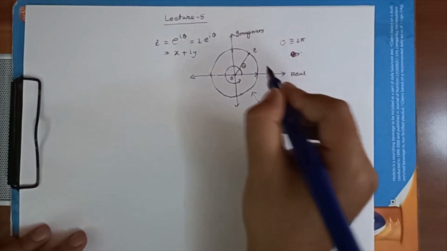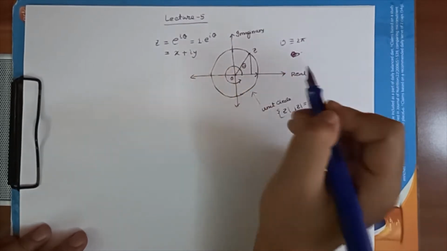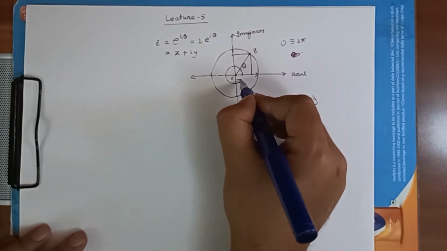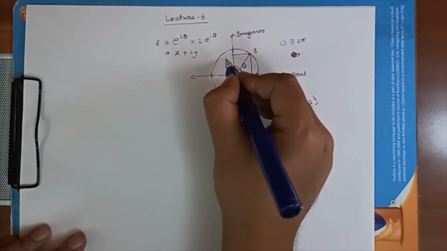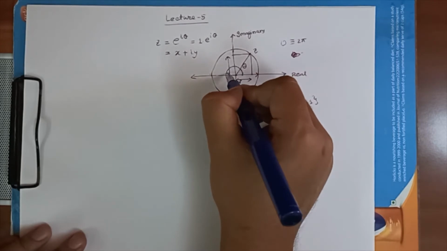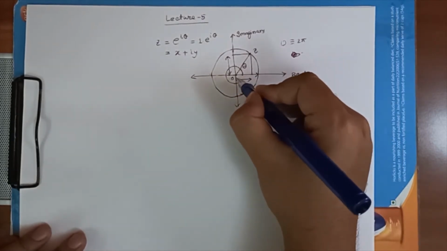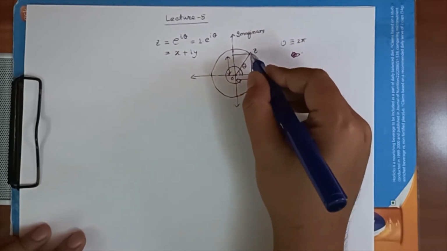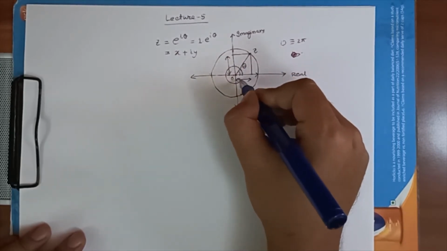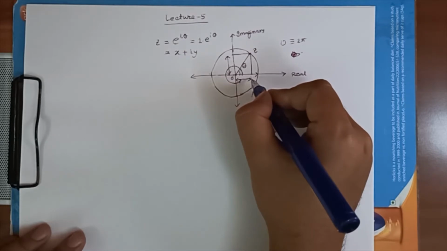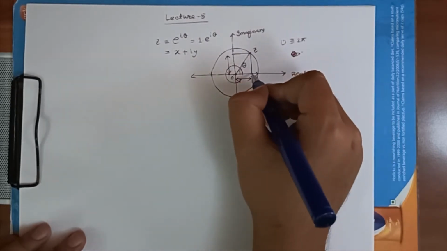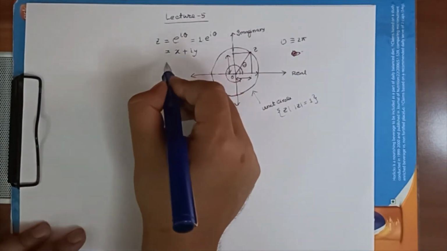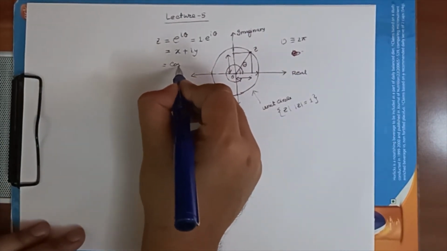If you do the projection on the real axis and on the imaginary axis, these lengths give you the real and imaginary values. From simple trigonometry, where this angle is theta and the amplitude is unity, this length is cosine theta, and this length is sine theta. So those projections are cosine theta and sine theta.